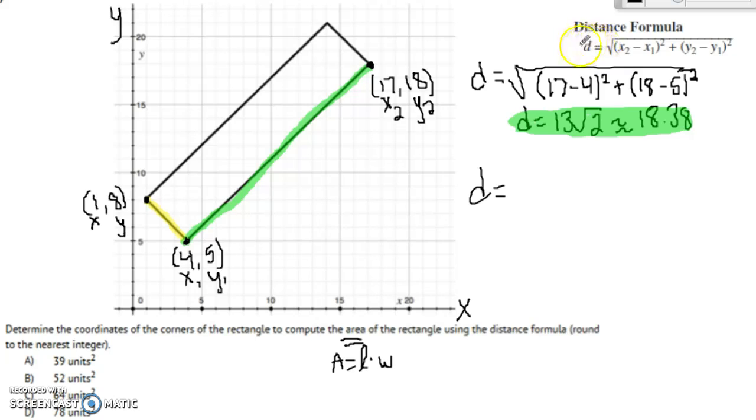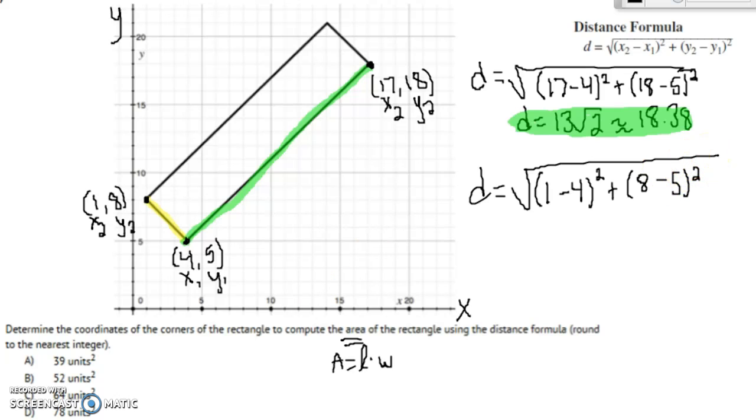So we're going to use this same distance formula. Since I already have this ordered pair labeled as x1, y1, I'm going to label this one x2, y2, and then plug it into my distance formula. So x2 minus x1, and it doesn't matter which point you let be x2 and which point you let be x1, as long as you stay consistent.